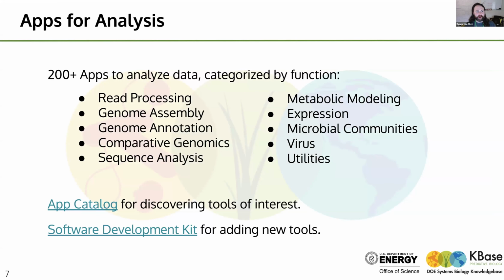And so we have over 200 apps that fall into a couple of different categories. So you can just see that there's a wide array of what you can do on the system. But we also have a software development kit that enables computational biologists or computer scientists who may be developing new bioinformatics tools to integrate them into the platform such that they're serving them up to all of you and the broader research community.